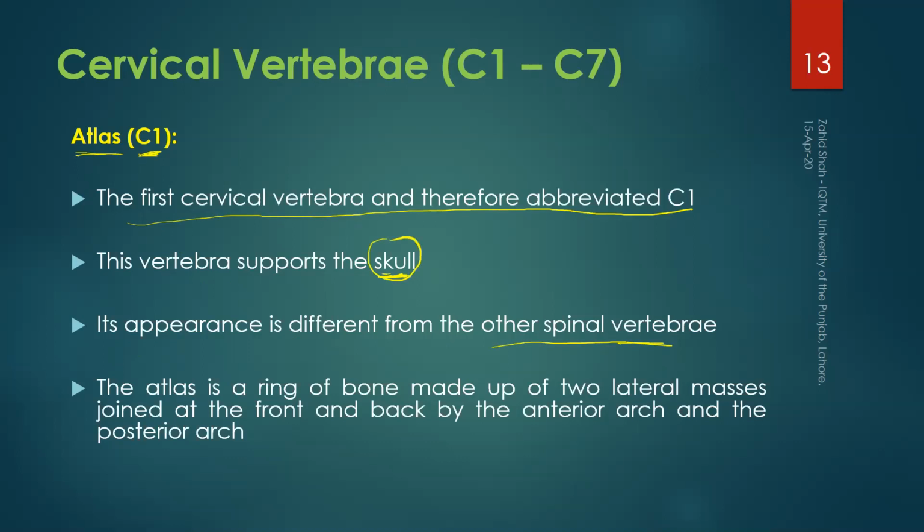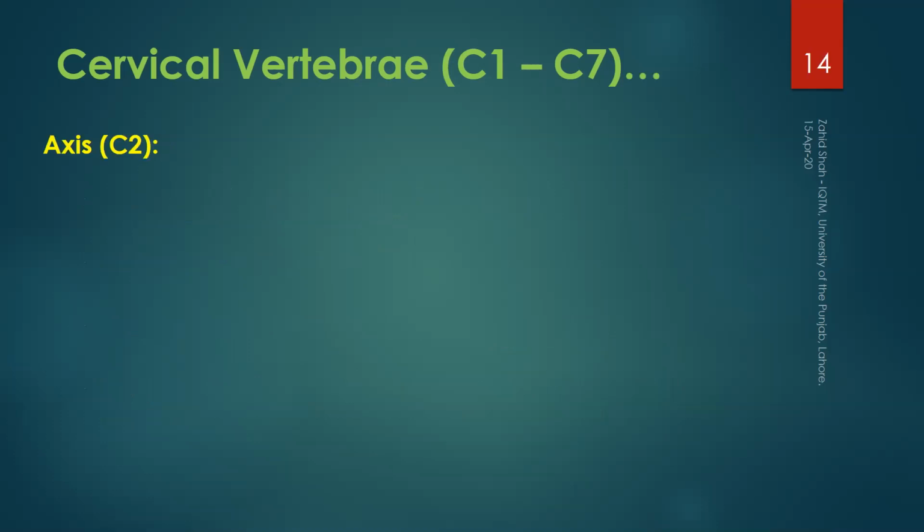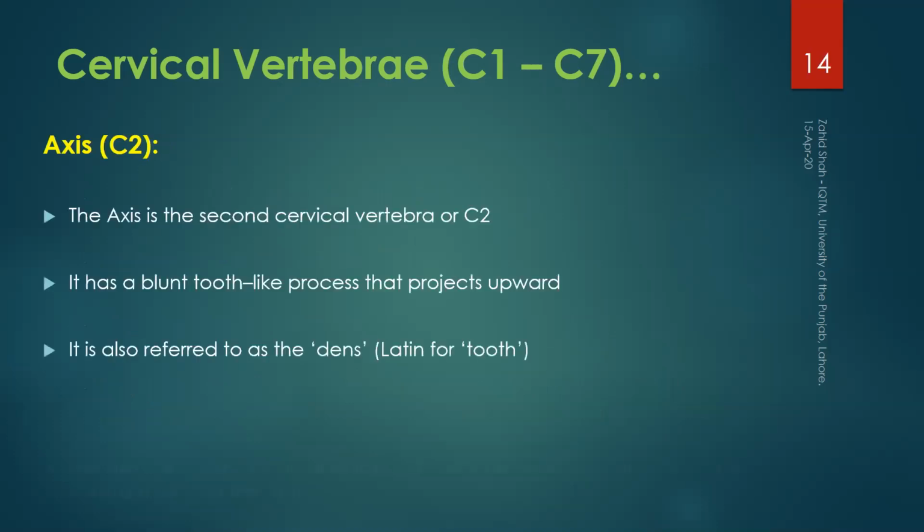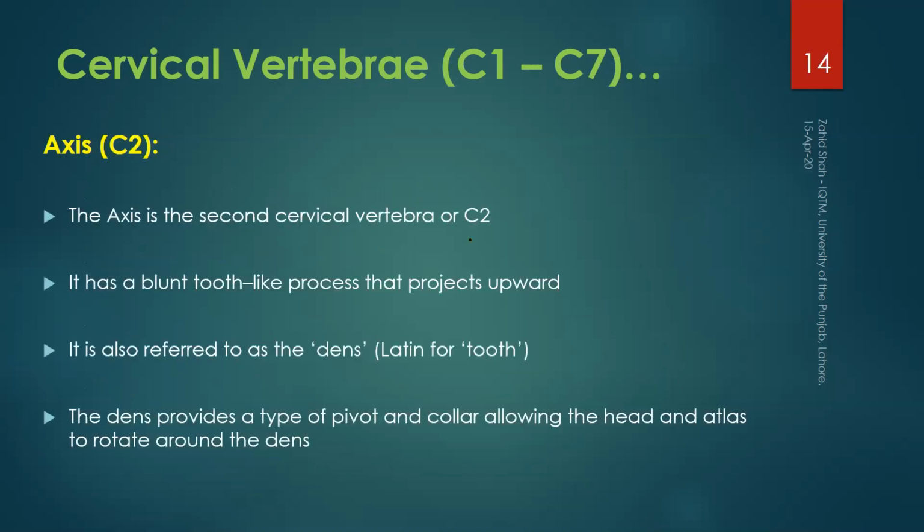The atlas is a ring actually, a beautifully made ring of bone, and it has two lateral masses. I will show you those masses joined at the front and back by the anterior arc and the posterior arc. Then the second cervical vertebra is axis. It is abbreviated as C2.